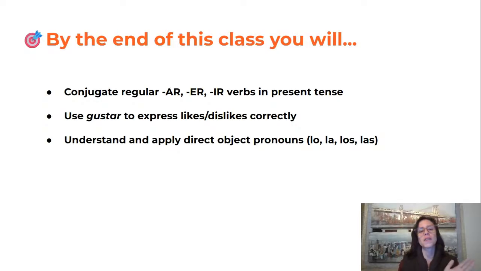Therefore, we will be speaking of the AR group only, okay? So conjugate regular AR verbs in present tense, specifically the verb gustar, and use it to express likes and dislikes correctly. And of course, understand and apply direct object pronouns, because this is the other side of the coin.